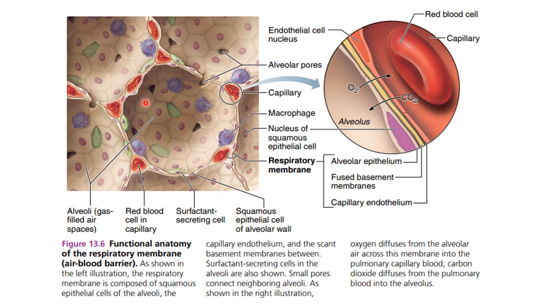So this is a zoom-in picture of the alveolus. And these are your type 1 cells or pneumocyte type 1. And these are your dust cells or macrophages. Okay, so they eat up the debris that has passed through the protective mechanisms from the upper respiratory tract.